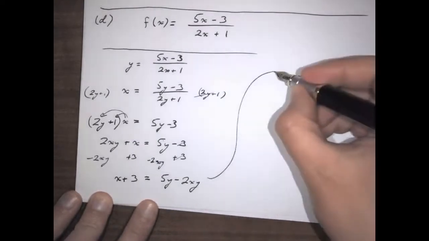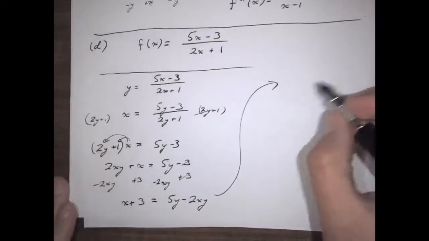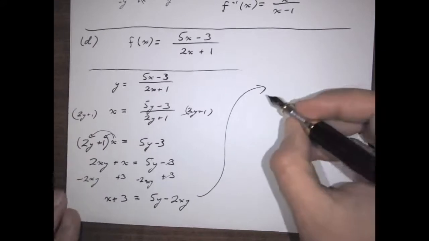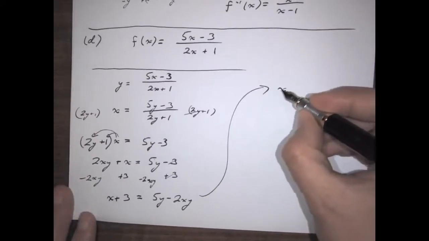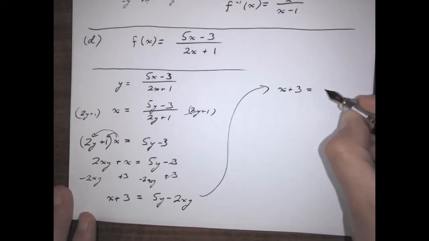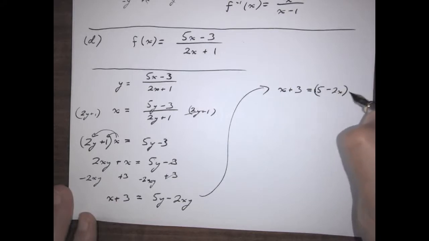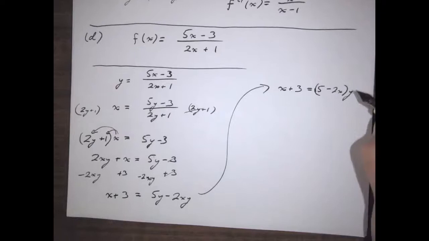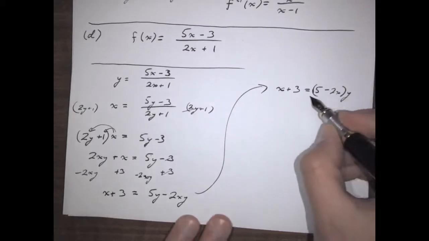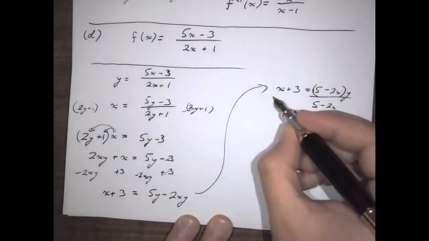Now the reason why we added and subtracted to both sides was to get all the y's together. And the reason why we did that was to factor the y out from the right, so that we would have 5 minus 2x all times the y, so that to solve this for y, all I'd have to do is divide by the 5 minus 2x.